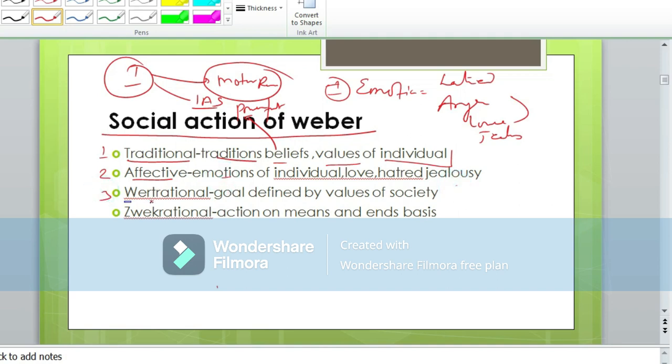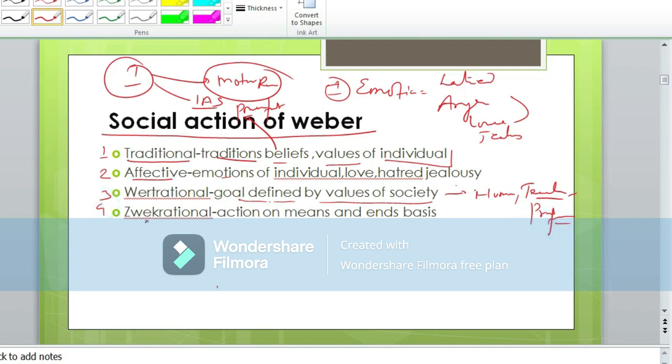And when the actor or the individual takes a decision on the goal defined by the values of society, that is, values which provide the goals, so that you have to become a good human being, you have to become a teacher, then society will appreciate your presence and you become a professor of a university.